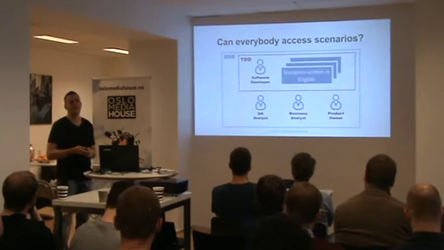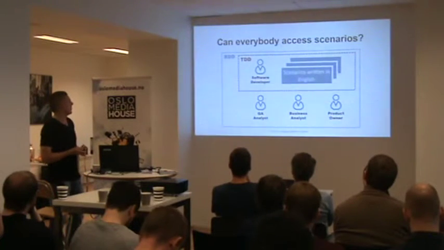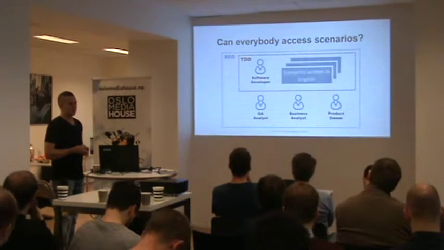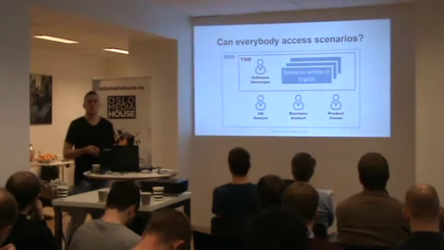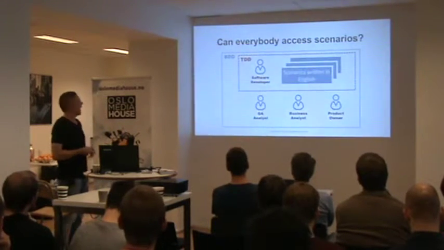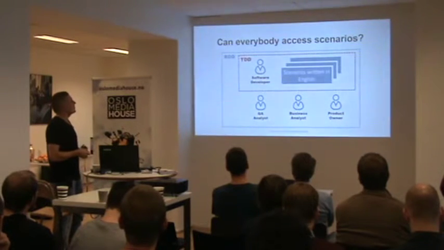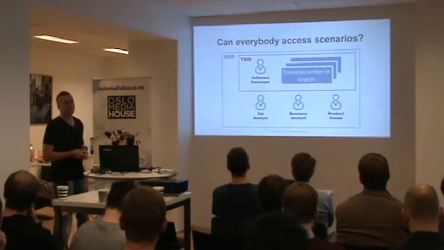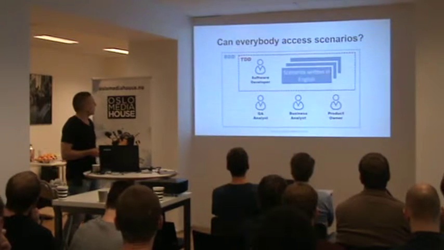Most of the time, the software developer will check it into some sort of version control system, Git for example. So how will all these people actually be able to access it? It may be quite difficult.